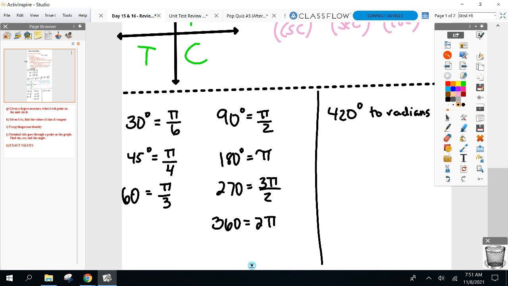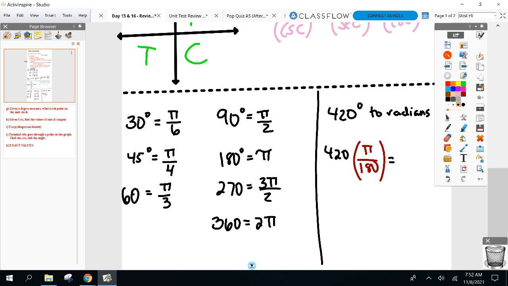So I take 420. I multiply it by pi over 180. Remember, never will I accept a long decimal. So instead of accepting the long decimal, what do I like to keep in my answer to make it a little cleaner?